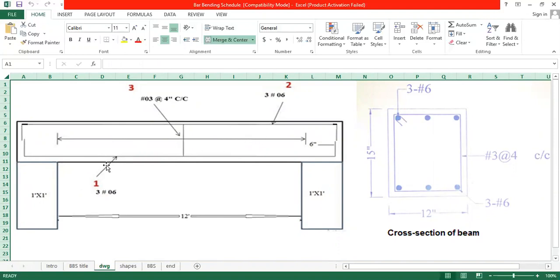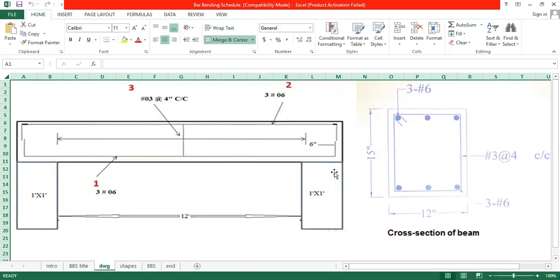In the bottom we have three number 6 bars, and at the top we again have three number 6 bars, and the shear reinforcement in the form of steel stirrups is number 3 at the rate of 4 inches center to center.